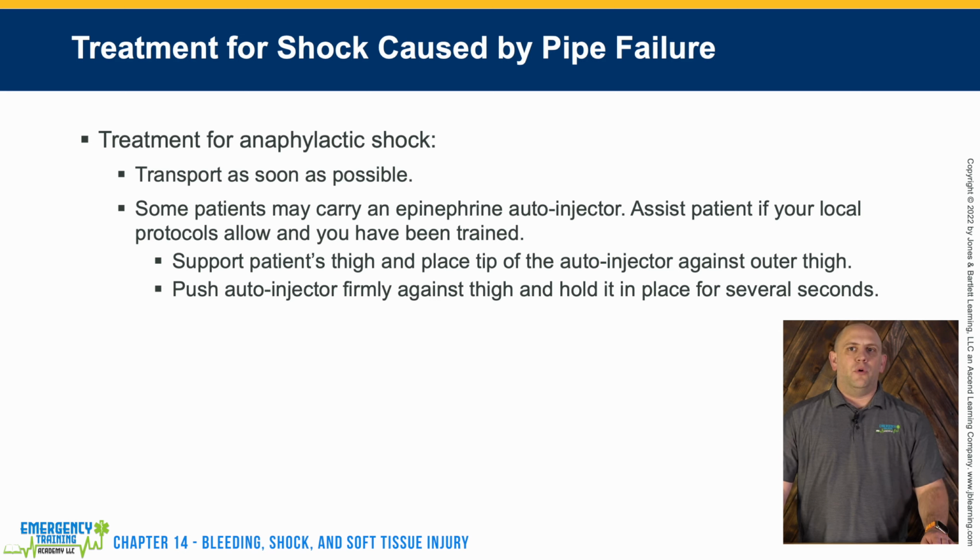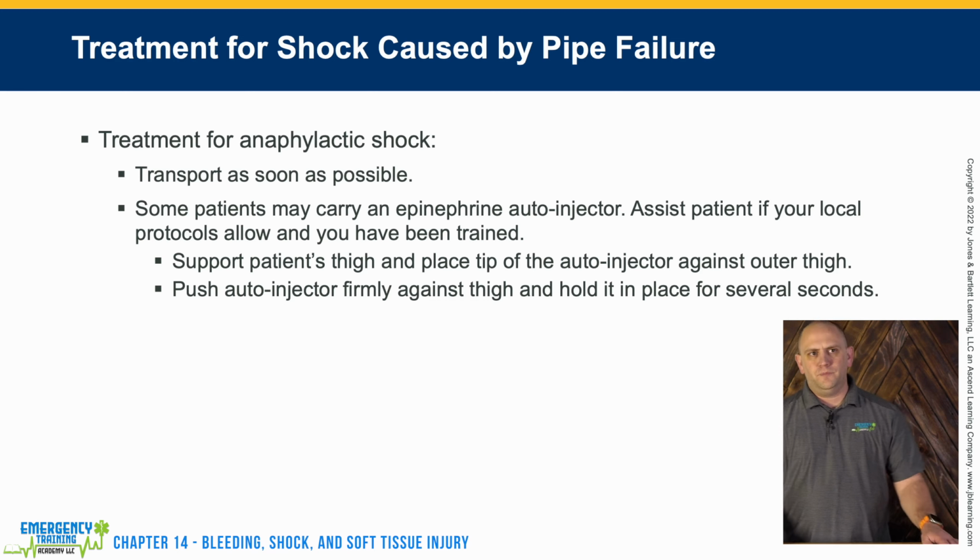Our treatment for our neurogenic shocks is going to be keeping the patient's spine in a neutral position, supporting their airway, breathing, and circulation, and then treating for any of the symptoms that we see associated with their shock.